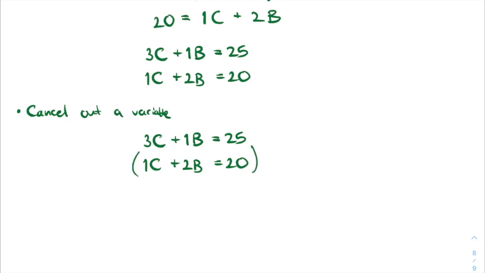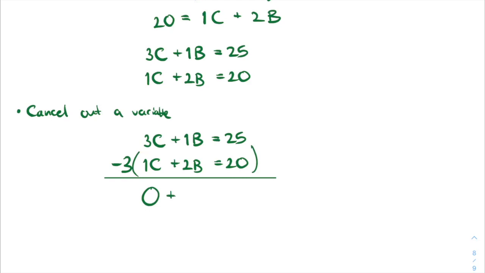Well, I should multiply the second row by -3, because -3 times 1 is -3. -3 plus 3 is 0.